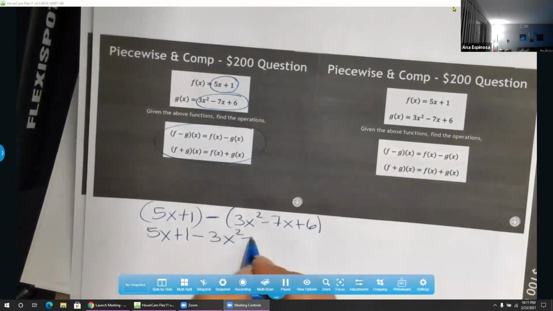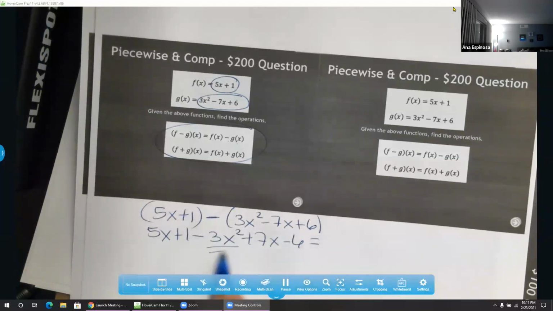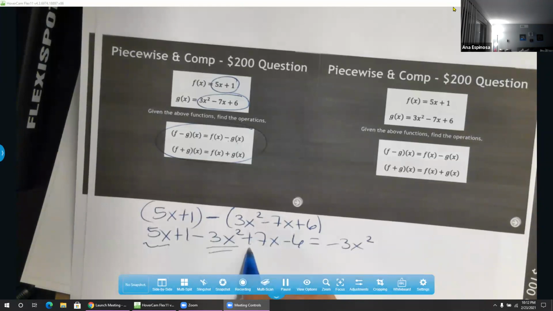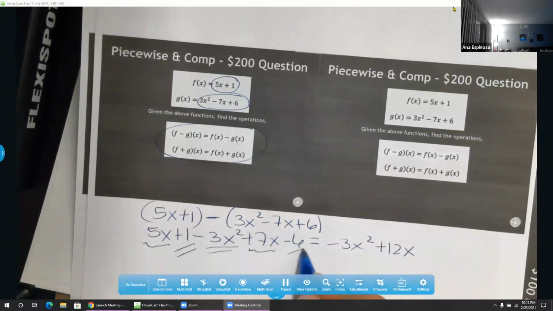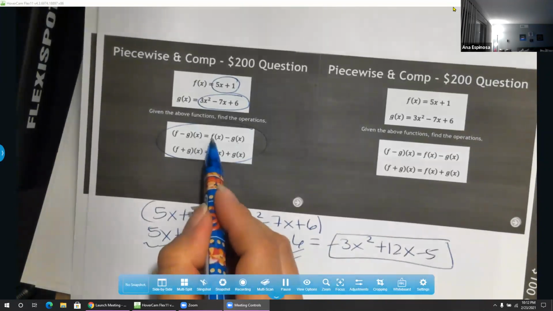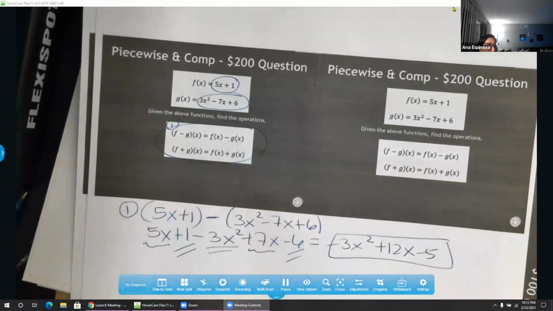This is not multiplication, by the way. Please don't mess that up. And you put the like terms together. That's a loner. This one with this one is 12x, and then that is a negative 5. That is the subtraction of f minus g. That's number 1. That was it.